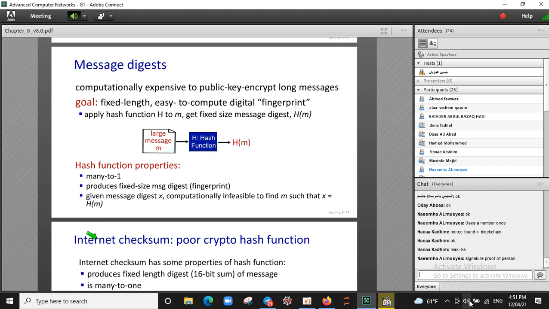So, one main question. I'm looking for an encryption here, something encrypted with Bob's private key.